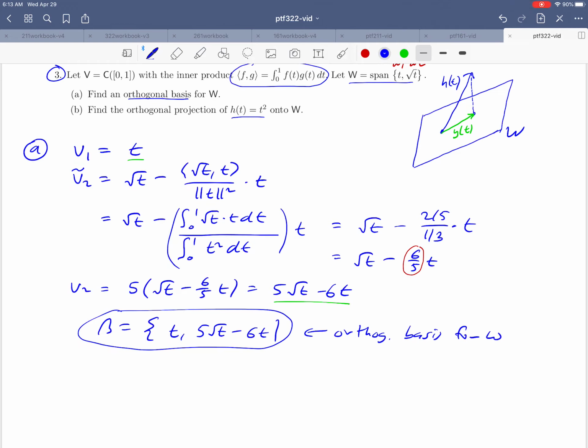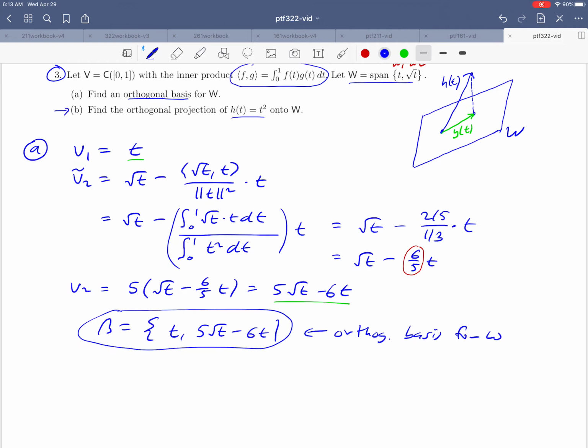And once we have that orthogonal basis, we are ready to actually find the orthogonal projection. Okay, so the orthogonal projection of h of t onto w. And we kind of derived a formula for doing that as well. Okay, so y of t is going to be, and I'm going to just write out the formula before we do any calculation.